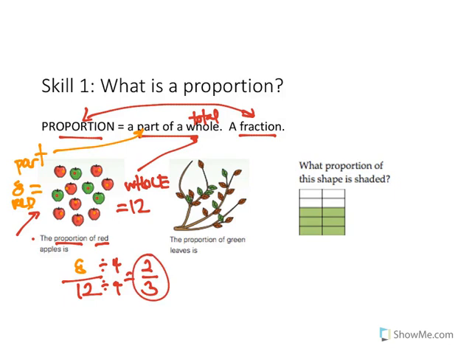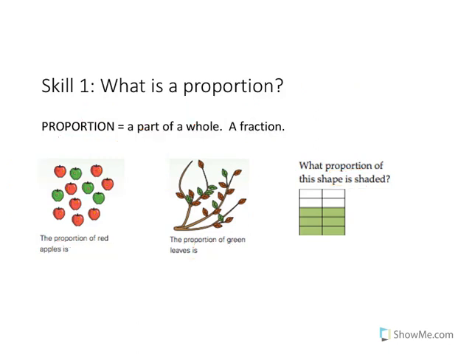So at this time, can you pause and tell me the proportion of green leaves on this plant and what is the proportion of the shape that's shaded? So in the second example, we have a total of 21 leaves.